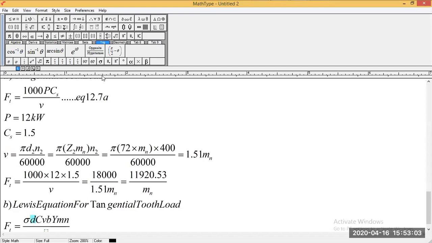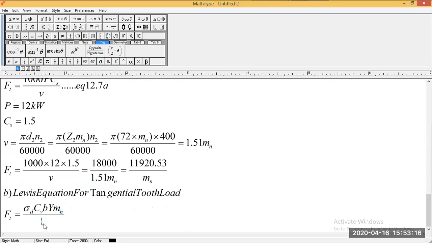This d is a smaller one, subscript v, over Cw. W here is the correction factor for wear.